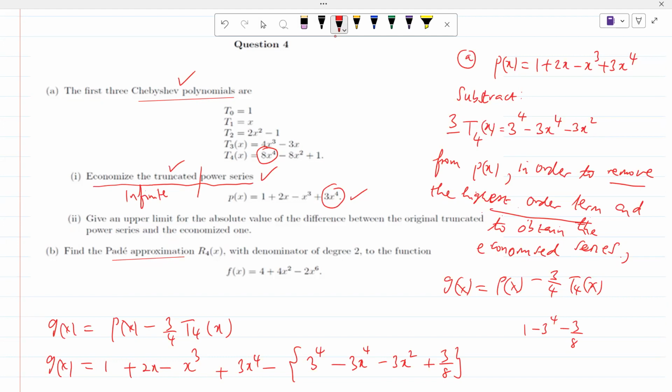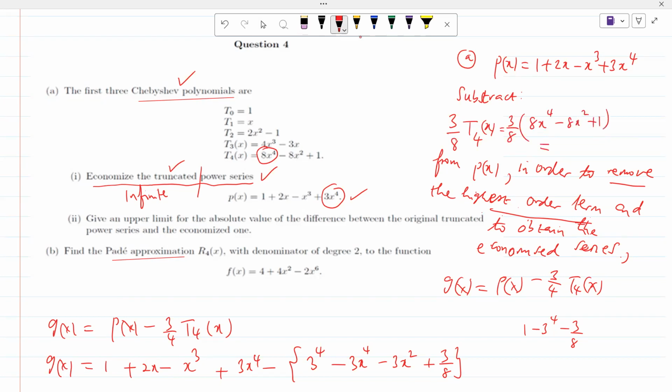So if you put 3/8 and you multiply that by 3/8, the T4 is going to be 8x to the 4th power minus 8x squared plus 1.